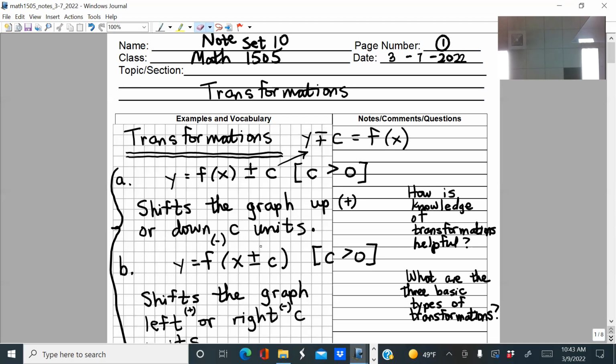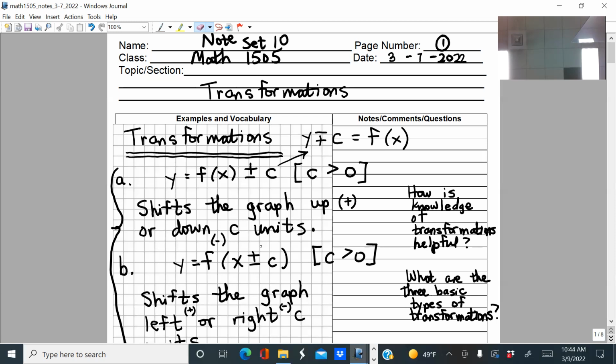Now, the second type of shift looks very similar, because it also involves adding or subtracting a constant. But I want you to notice where the constant has been added. Here, we're adding the constant to the entire formula. But in this formula, what's slightly different? You're adding or subtracting the constant from x before you apply the formula.